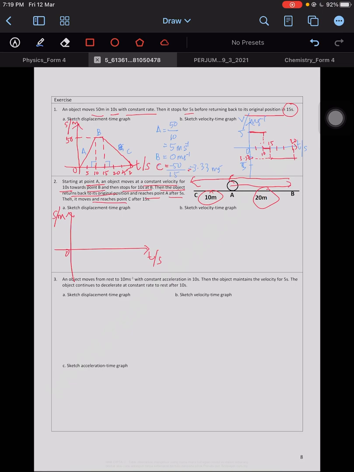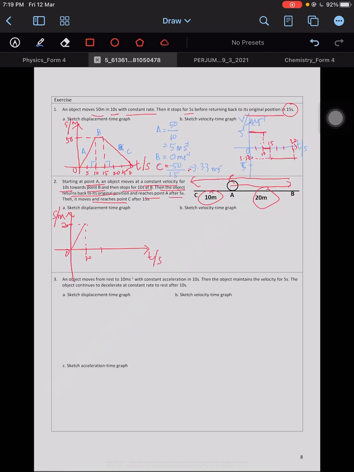So point A, an object moves at a constant velocity for 10 seconds. Let's say this is your 10 seconds. Okay, 10 seconds. So how long? 20. Towards point B, then stop for 10 seconds.